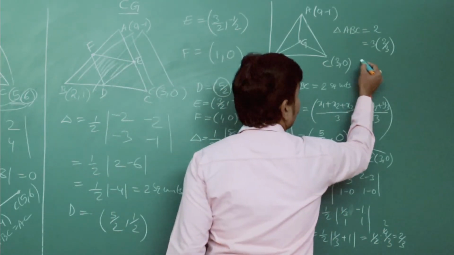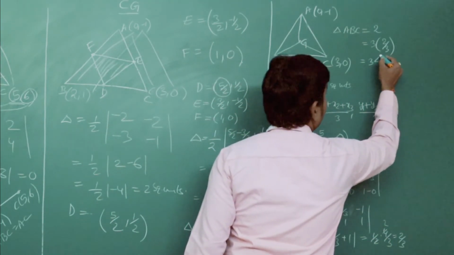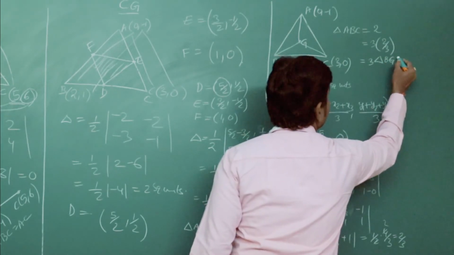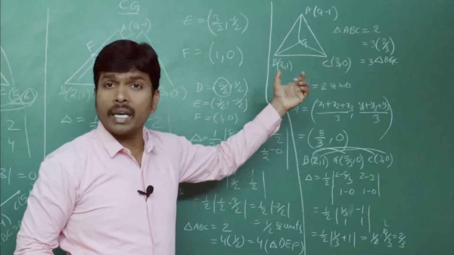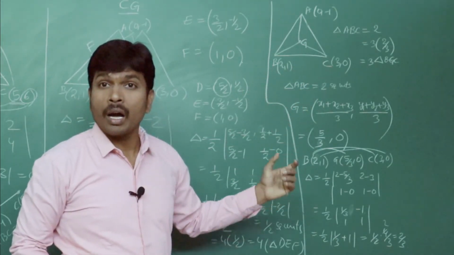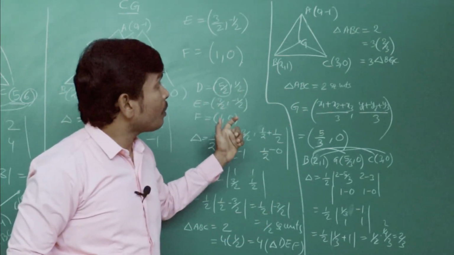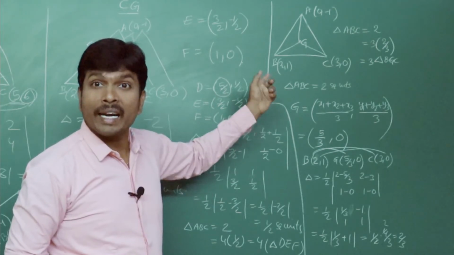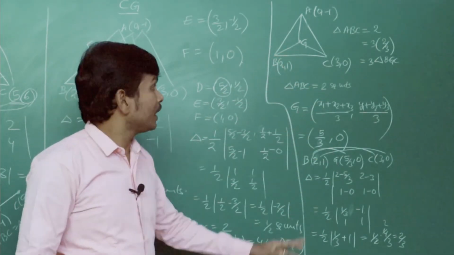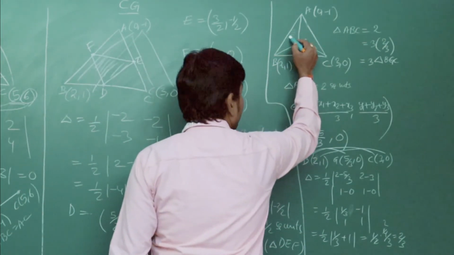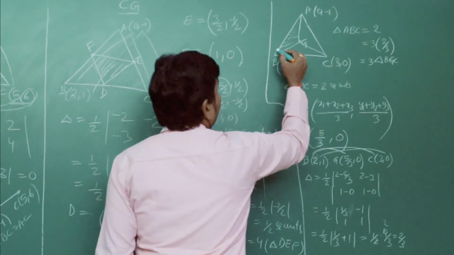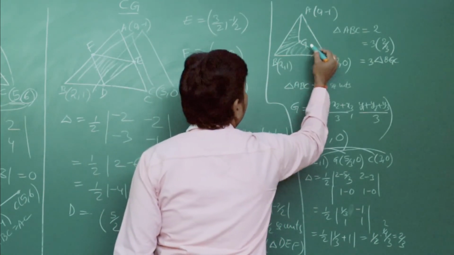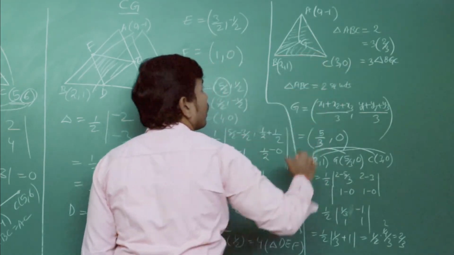So that's why this you can write as 3 times the area of BGC. The area of the triangle ABC is 3 times the area of the triangle formed by the 2 vertices and the centroid of the triangle. It divides the entire triangle into 3 regions whose areas are equal.